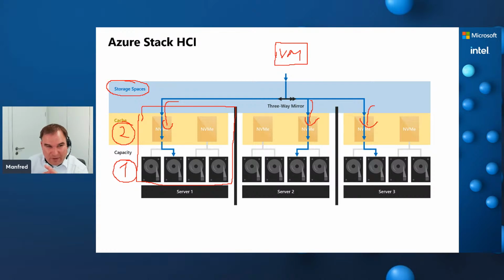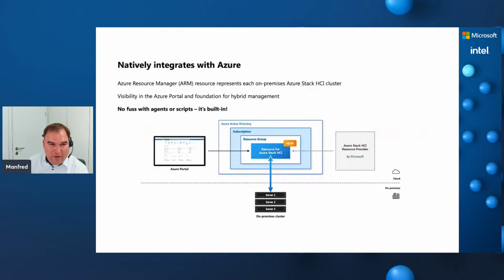The second part is Azure, because we can see here Azure Stack HCI has Azure in the name. And this is for me the game changer in everything we had before in on-premises infrastructure, because Azure Stack HCI natively integrates with Azure.